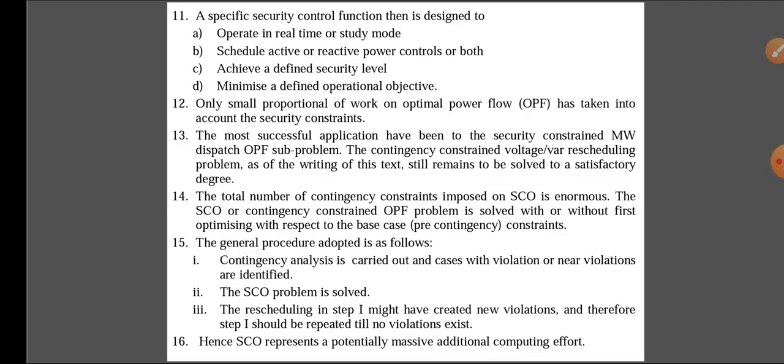We can design a specific control so that it can operate in real time or study mode. Second, schedule active or reactive power control, or both. Third is achieve a defined security level, and the fourth is minimize the defined operational objective.